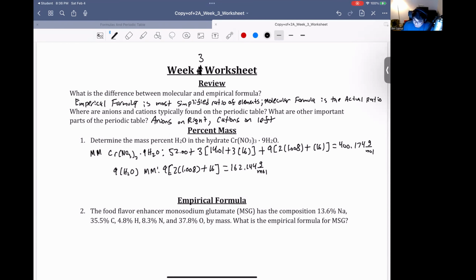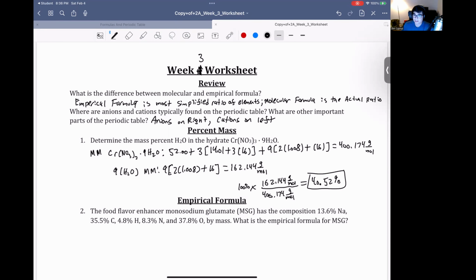Divide that by the total mass. So 162.144 grams per mole over 400.174 grams per mole. That is equal to, oops, and I almost forgot, times 100%. Yeah, it should end up getting 40.52%, and that is your answer. So the percent by mass, right, water is 40.52%.